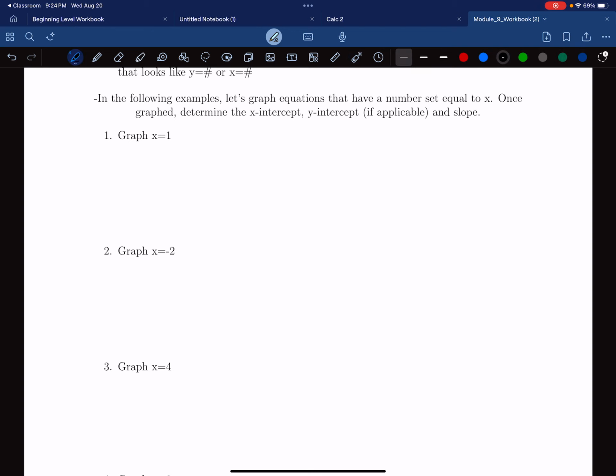So looking at this first example, we have to graph the equation x equals 1. I'm just going to draw out the xy plane. This is our x-axis. This is our y-axis. We have to graph x equals 1.